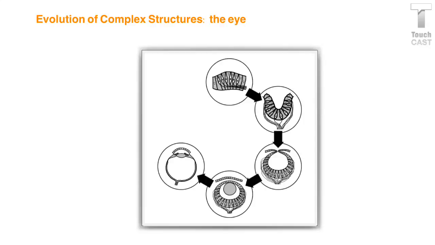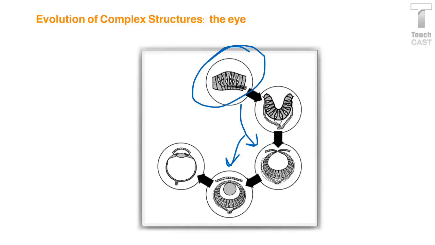And they have realized that the eyeball started as basically just a group of light-sensitive cells, and that's what we see here. And over many, many generations, eventually a lens started to evolve, and that lens allowed the organism to see an image.